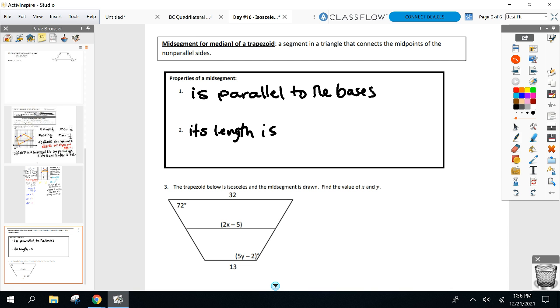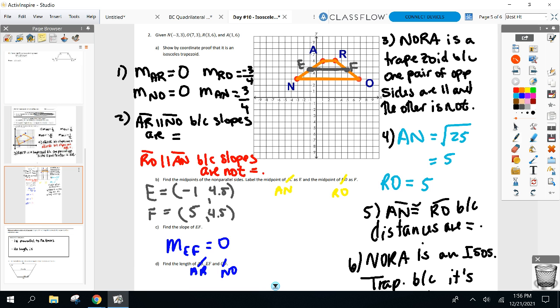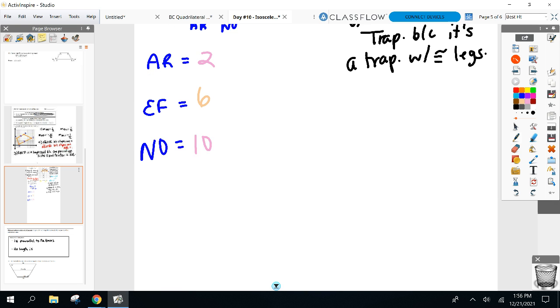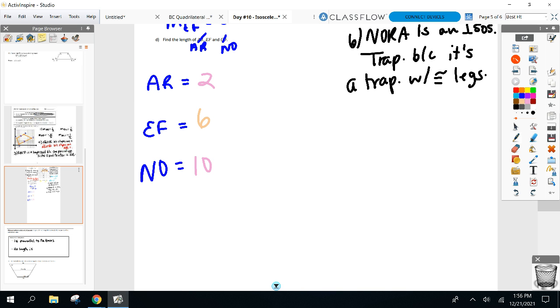I didn't really get it. Okay. A trapezoid's got two bases. In our case, 2 and 10, everyone agree? When you add up those two bases, what do you get? 12. Take half of 12, what do you get?